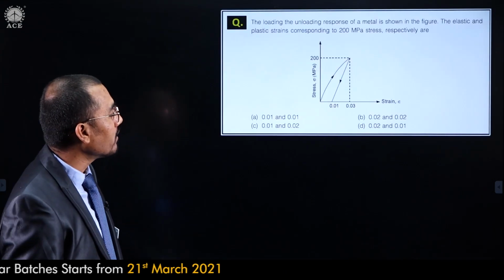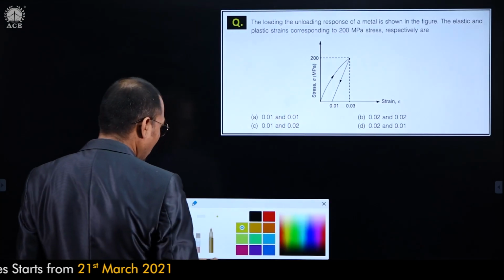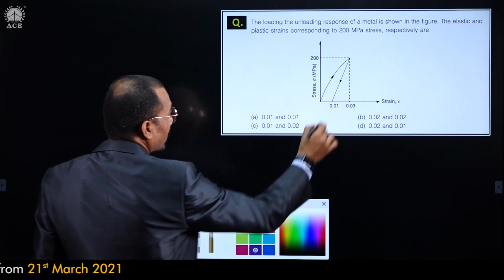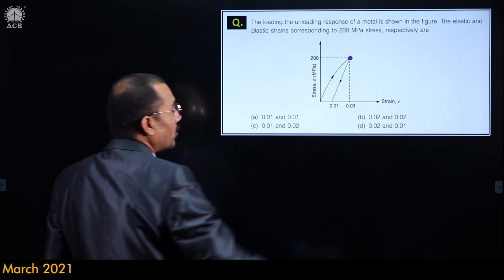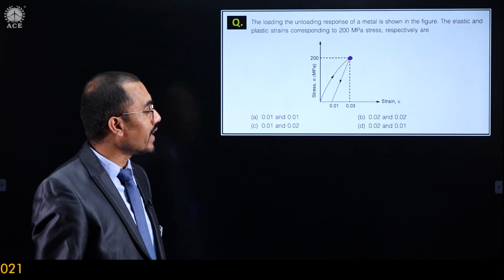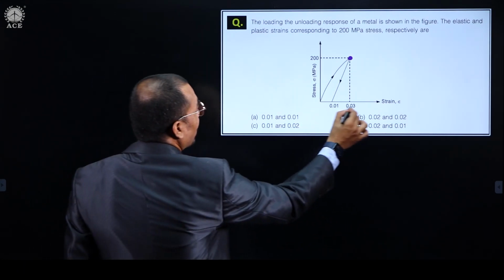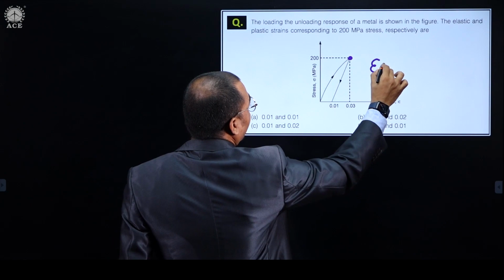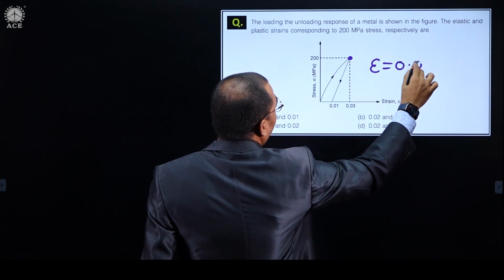So, therefore, it was given here. This is the point up to which it is being stressed, 200 MPa. Against 200 MPa, what is the strain? The total strain is exactly equal to 0.03.